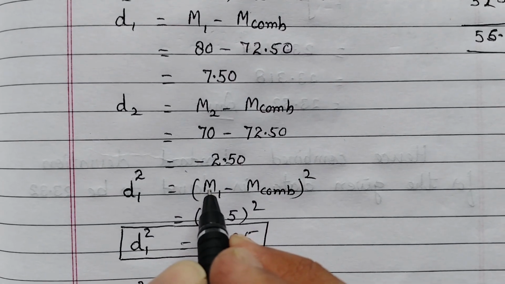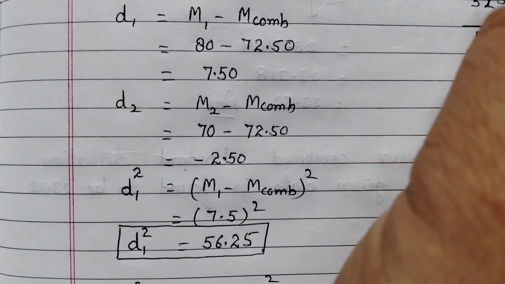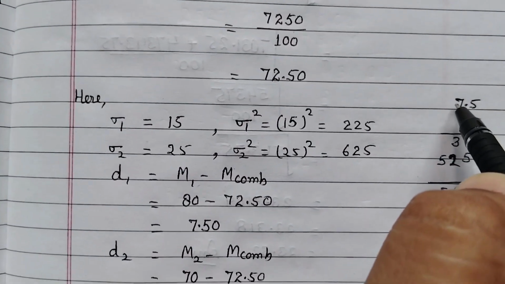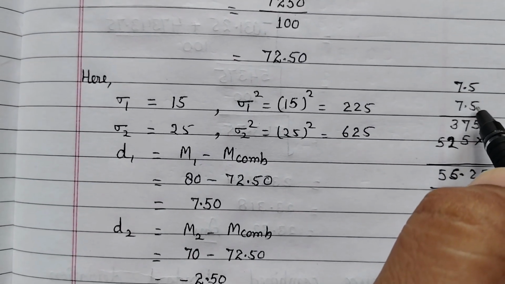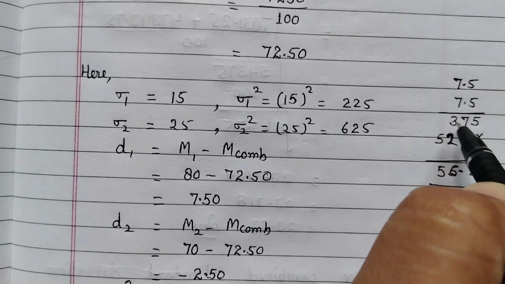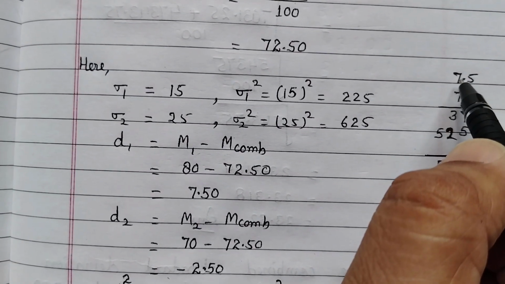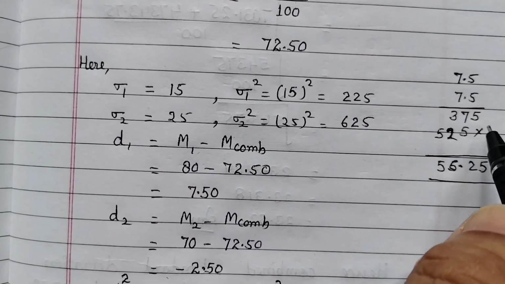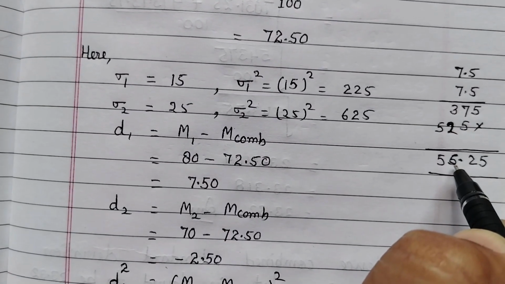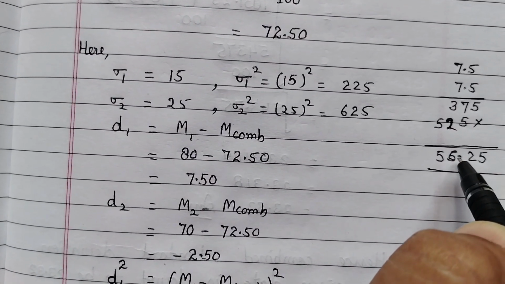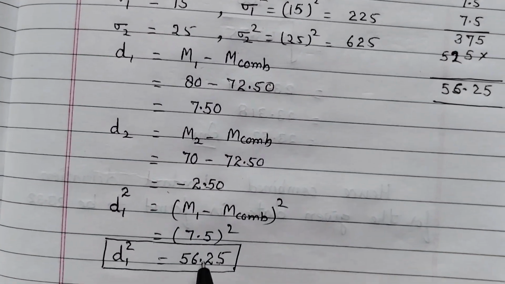d1 square is equal to m1 minus m combined whole square, that is 7.5 whole square, which is 7.5 into 7.5. Multiplying it out, we get 56.25.